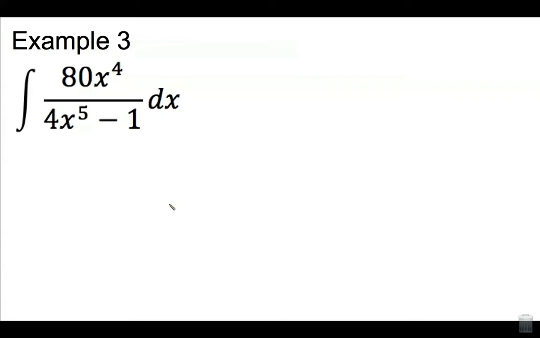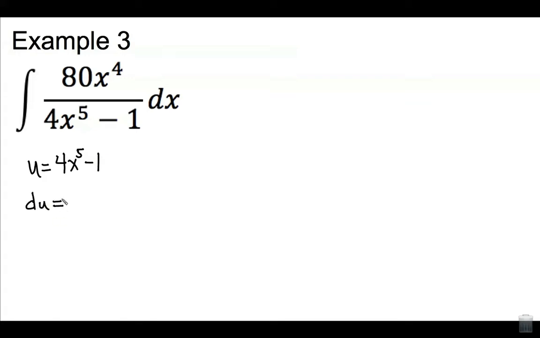We have the indefinite integral of 80 times x to the 4th power, all over the binomial 5x to the 5th power minus 1, with respect to x. Again, this is very easy. All you have to do is just use substitution. Let u equal, in this case, our denominator, 5x to the 5th power minus 1.